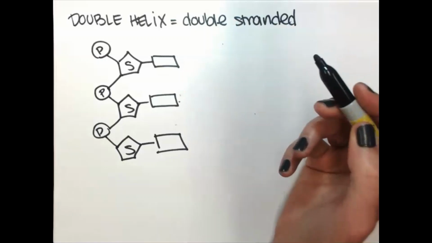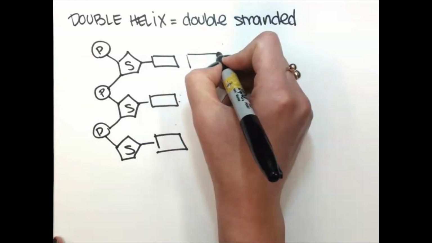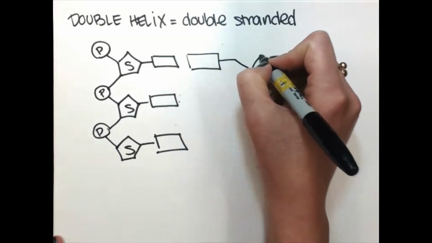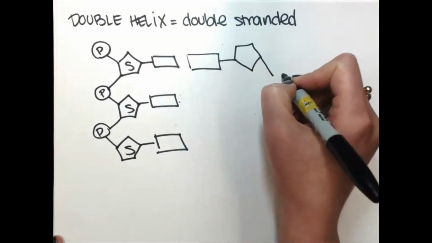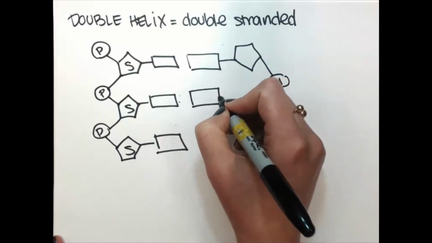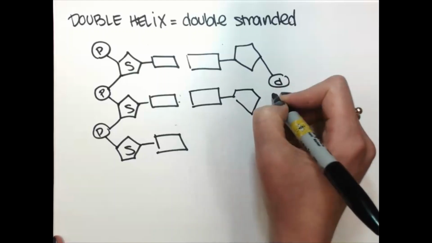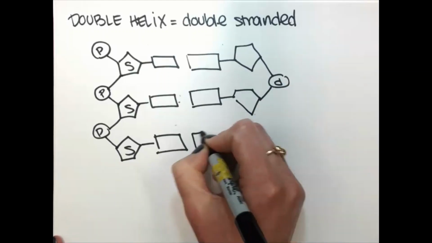So where's my other strand? How does that come together? Well, it comes together like this. It's always harder for me to draw it this way.